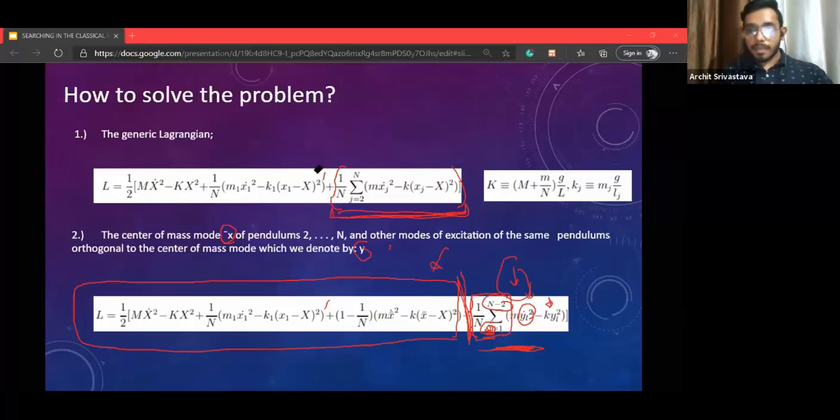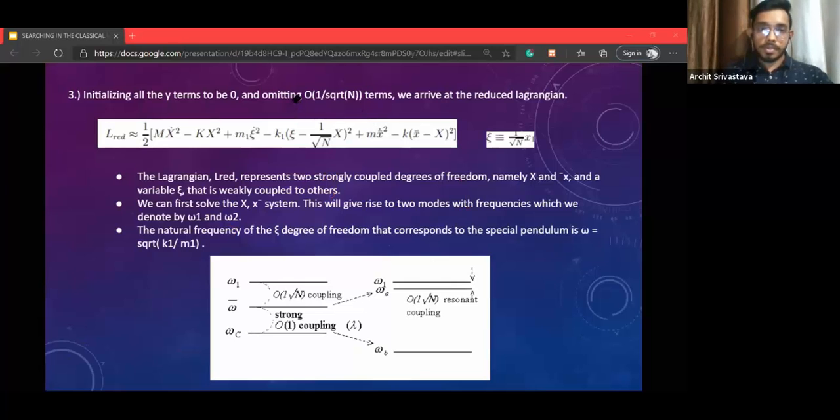As I said, because we don't have the significance of y as such, we initialize it as 0, and we omit a few of the O of 1 over square root of n terms, which are not of our interest.